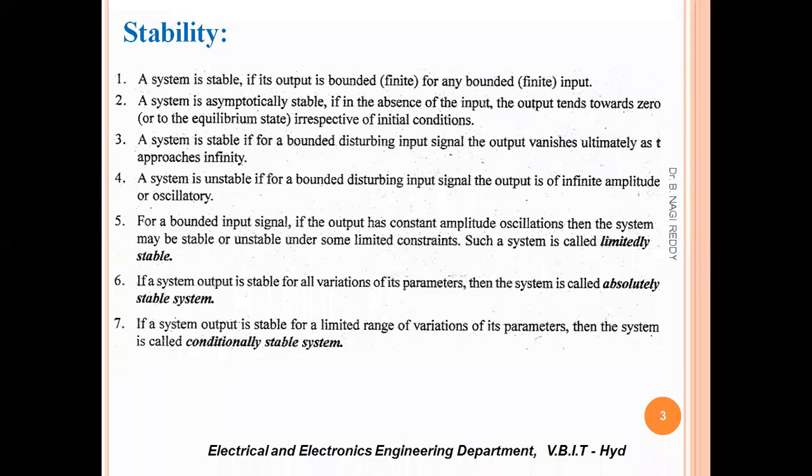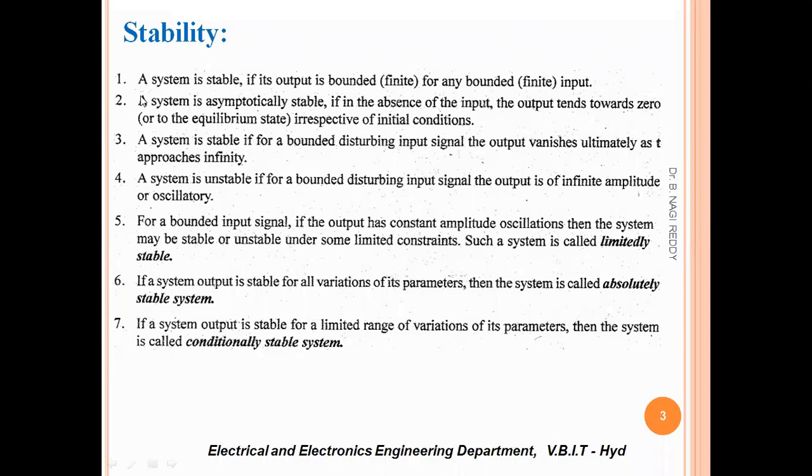There are different types involved in stability. There are different definitions for the stability of a system, and you can see here seven different definitions have been given for different types of stability.